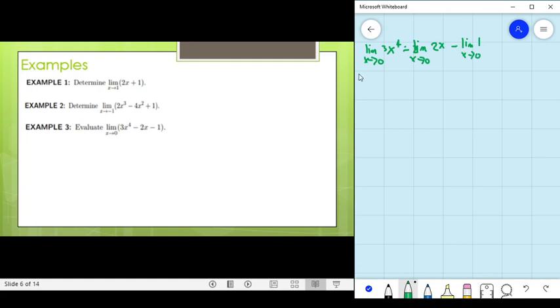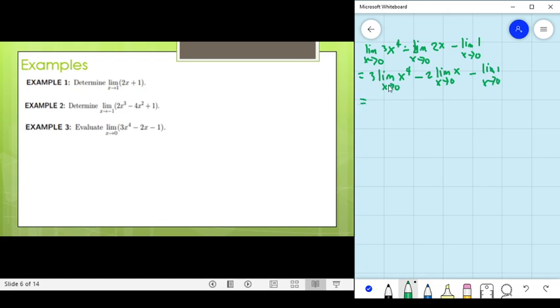So this part is 3 times the limit of x to the fourth as x approaches 0. The second one is similar to the negative of 2 times the limit of x as x approaches 0, minus the limit of 1 as x approaches 0.